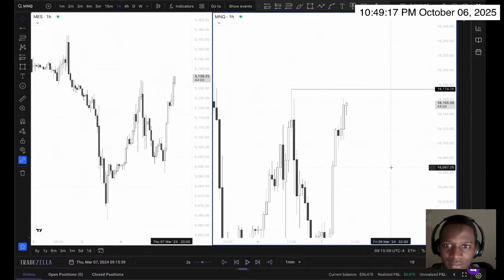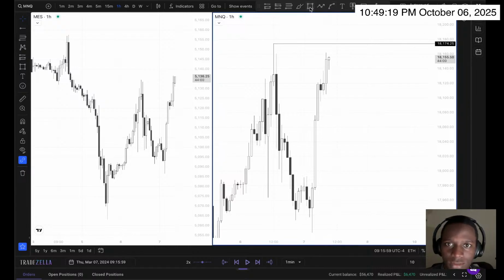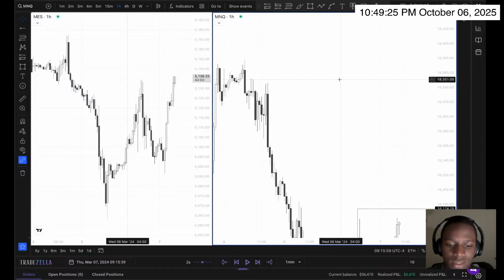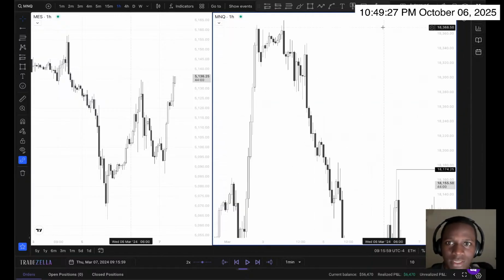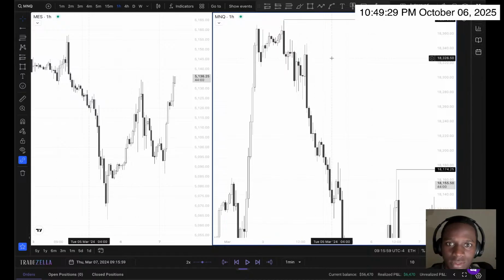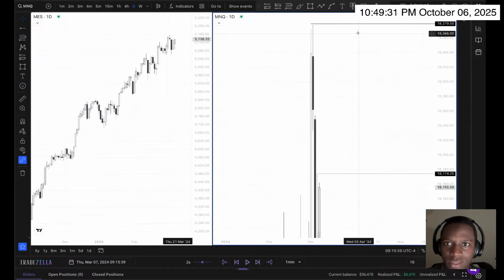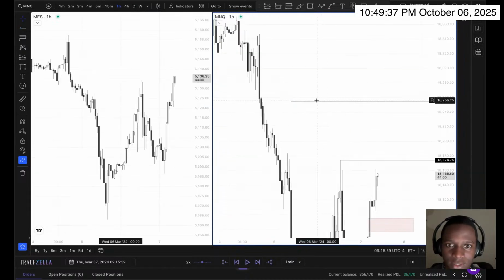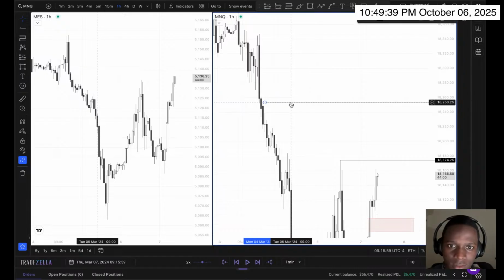On the 1 hour, no strong gap anywhere nearby like this one, and the next target will be the daily high. I don't know if we're gonna reach all-time highs, but on the daily, you can tell the previous day high here, not the 1 hour. This will be the target.